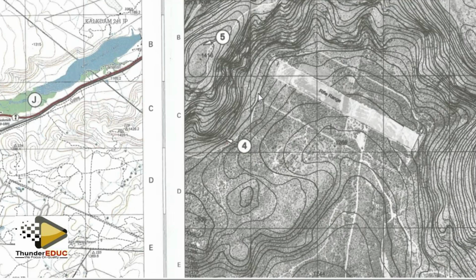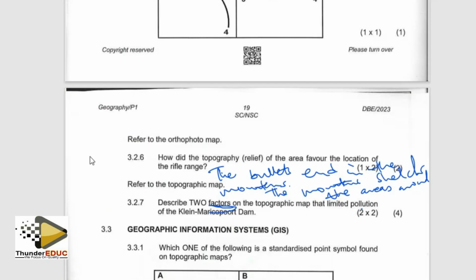First of all, the first factor is that the dam is located in between mountains, number one. Number two, it's located next to the protected area. So here you can see this is a protected area, and when you look at the nature of the relief around, it's mountainous.